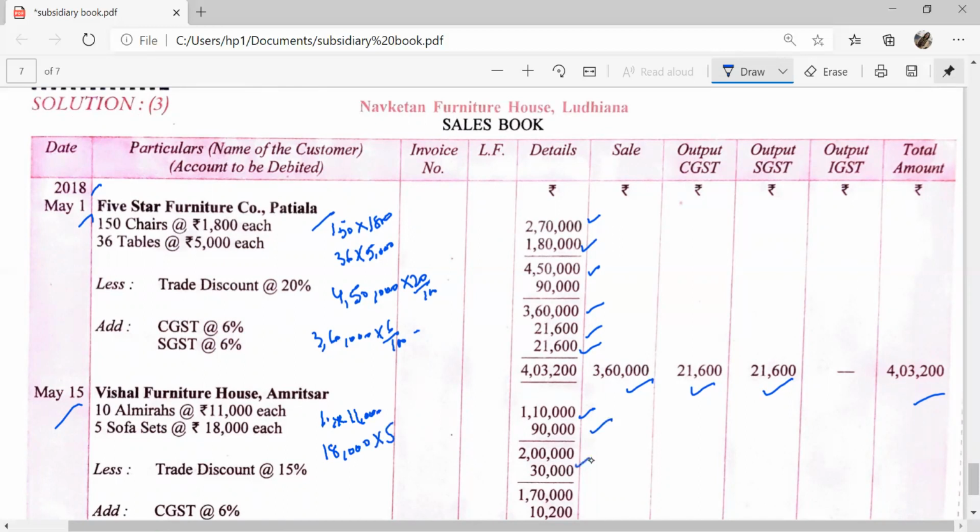Total sales 2 lakh and trade discount 15%. 2 lakh of 15% is 30,000.